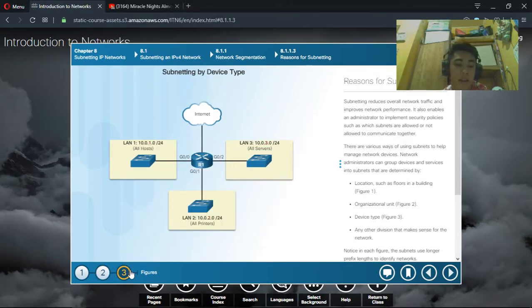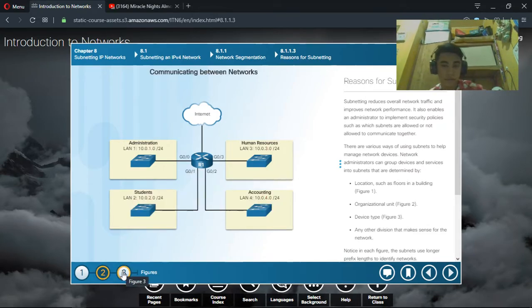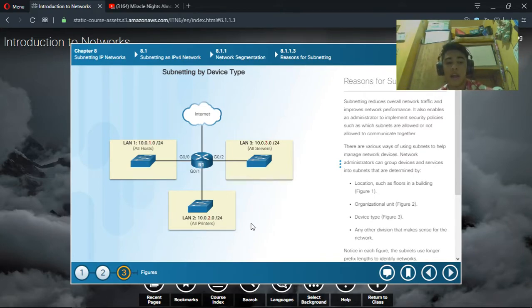Then there is also subnetting by device type: on the first, gigabit 0/0, is all hosts, then the next local area network is all printers, then the last is all servers. On that, you will be able to organize your network and reduce traffic.